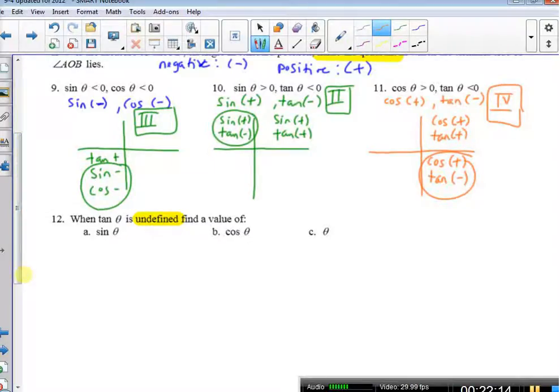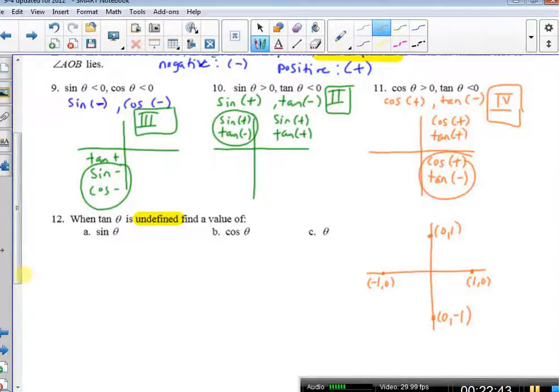Number 12, when tan theta is undefined, find a value of theta. Okay, so we need to think about when is tangent undefined. So if I look here, tan's y over x, unit circle. It's the only time you'd get undefined, when you'd get a 0 on the bottom. So 1, 0; 0, 1; negative 1, 0; and 0, negative 1.